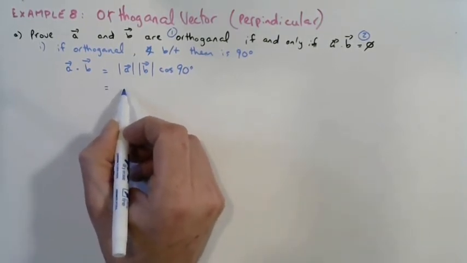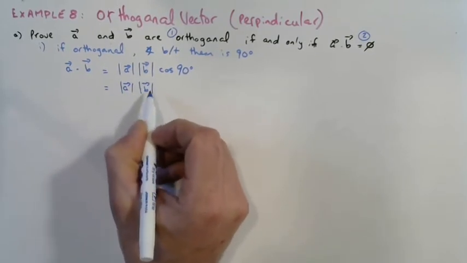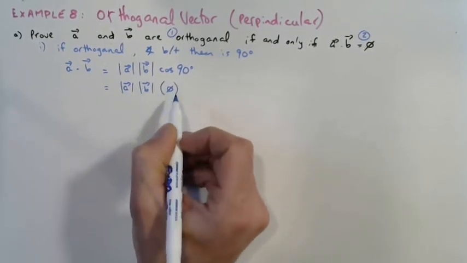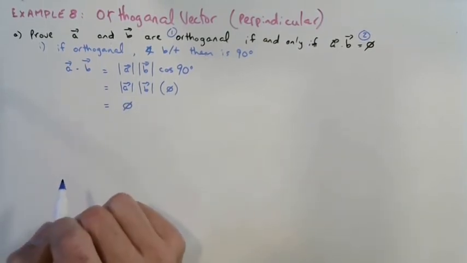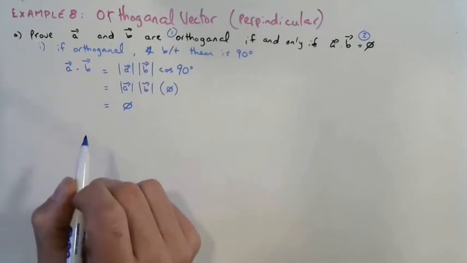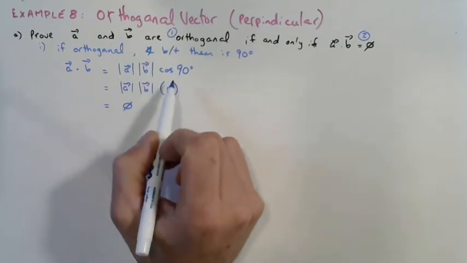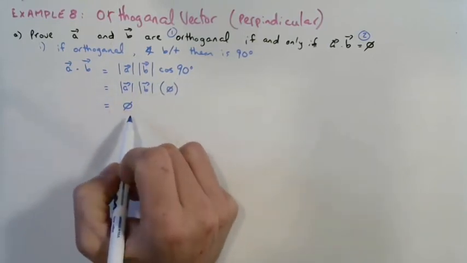Well, what is the cosine of 90 degrees? The cosine of 90 degrees is 0. So this whole right side becomes 0. What did we just prove? Okay, we just proved that if they are orthogonal, the dot product is 0.